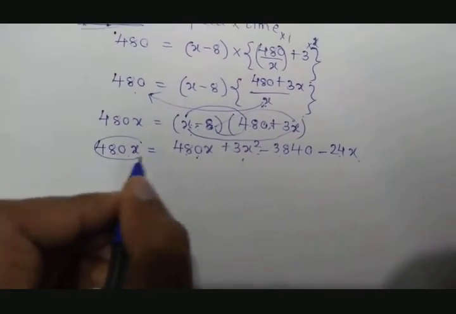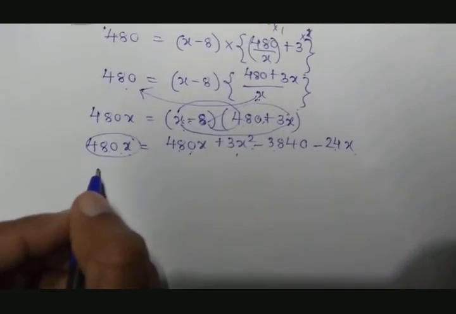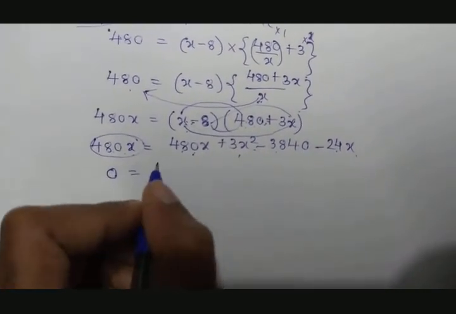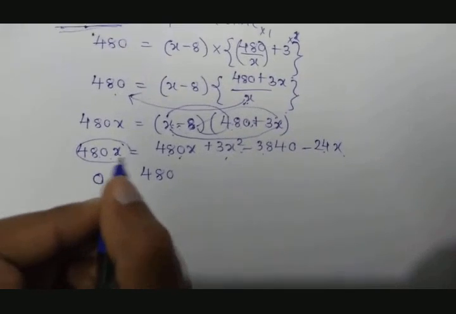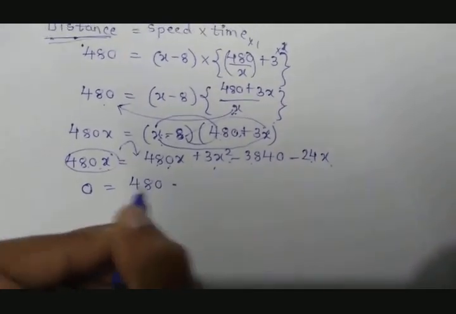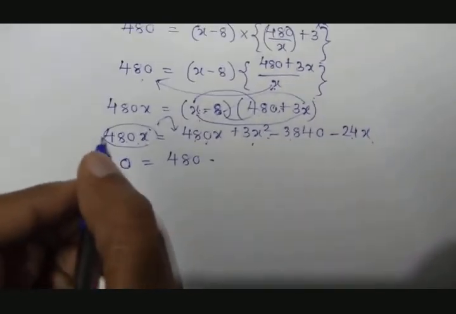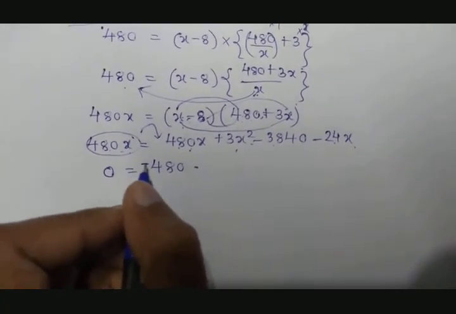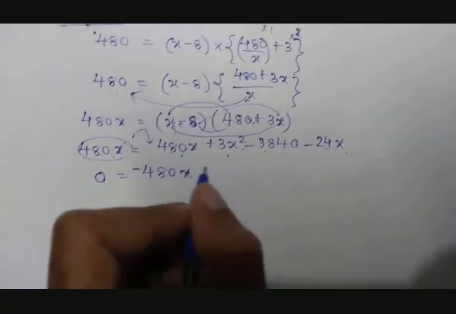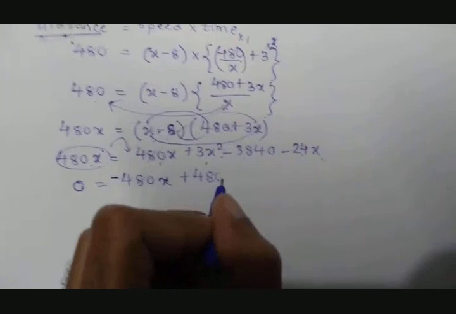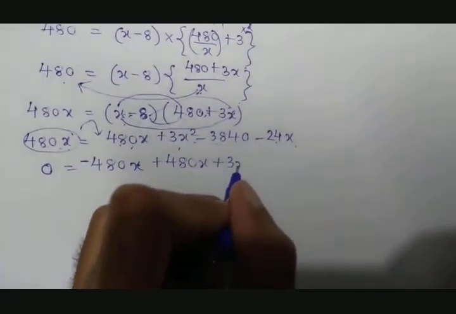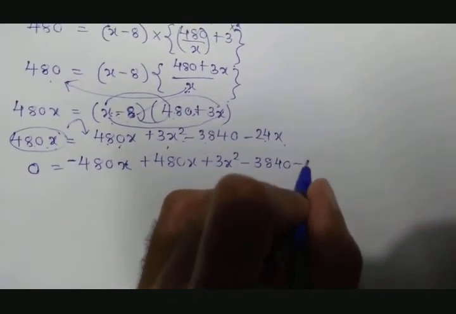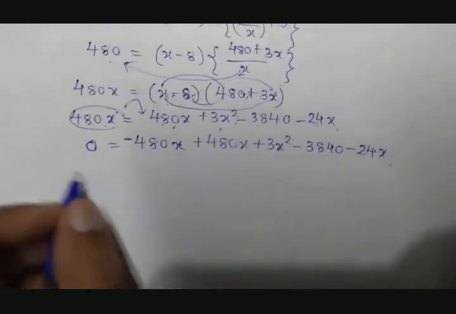So now bring this 480x to the RHS. So we will be remaining with 0 on the LHS. After transferring it to the RHS, you will be getting it as minus 480x, and this as it is, plus 480x plus 3x square minus 3840 minus 24x as it is.